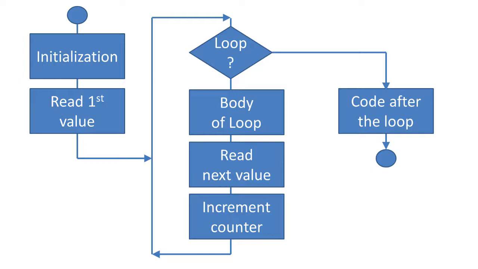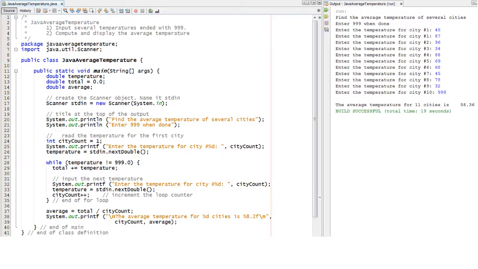Our average would definitely be thrown off by a huge amount. We also want to end the loop if 999 is entered as the first value to indicate that there was no data. Here is the code and a sample output.